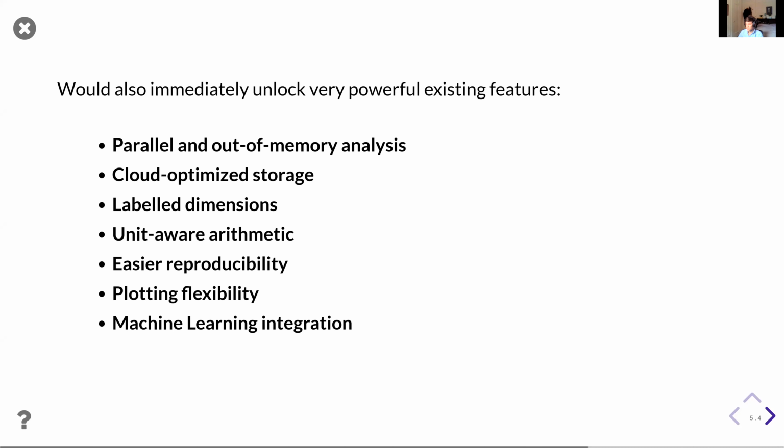It stands for distributed tasks, and essentially it takes some task you want to perform on an array, like a mean, and splits it up into chunks, each chunk of which is sent to a different parallel process and then recombined at the end. And that alone is crucial for scaling up. But we also get a bunch of other wins, which are discussed in more detail in the blog post, such as cloud optimized storage, labeled dimensions, unit-aware arithmetic is coming very soon.